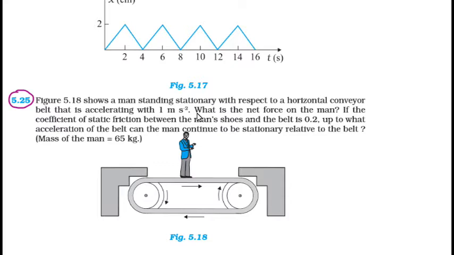If the coefficient of static friction between the man's shoes and the belt is 0.2, up to what acceleration of the belt can the man continue to be stationary relative to the belt? Mass of the man is equal to 65 kg.